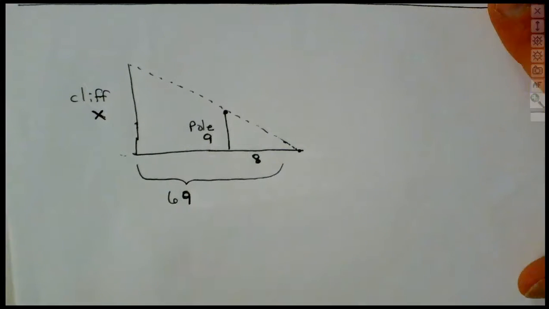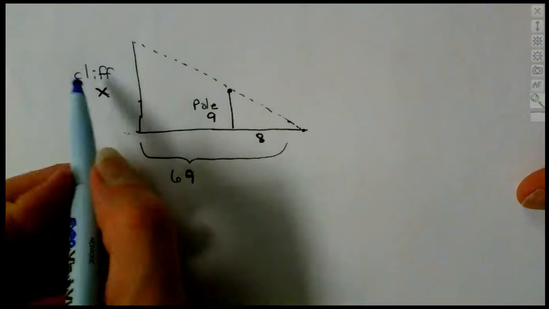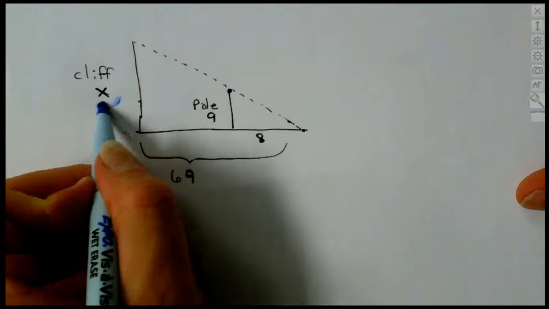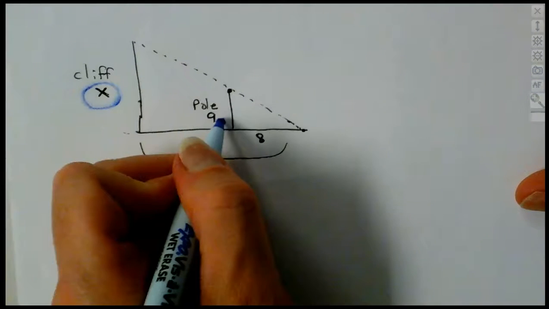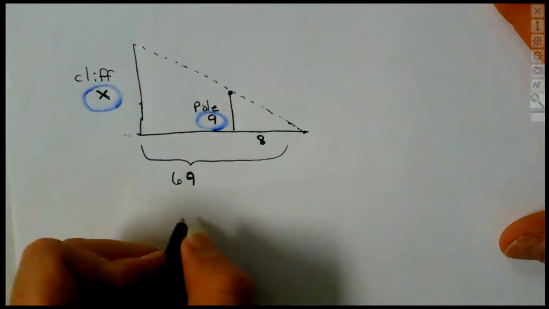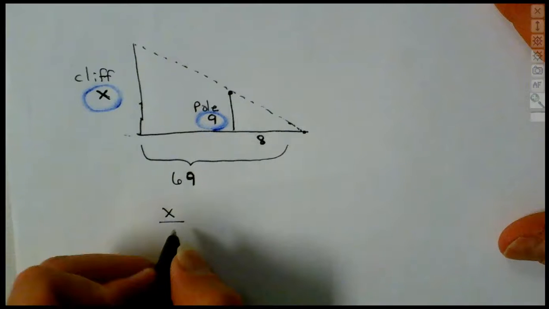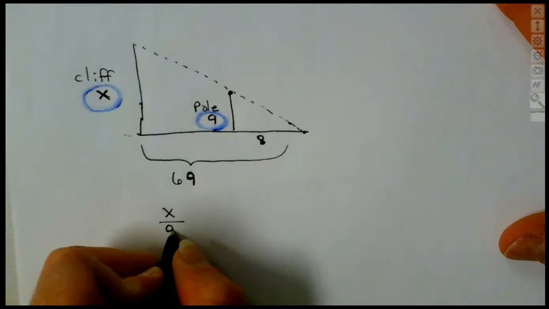Now, when we set up our ratio, we want to see how they relate. So if I look at my picture here, the heights go together. So the heights are going to be x for the unknown cliff, and that pole is 9.